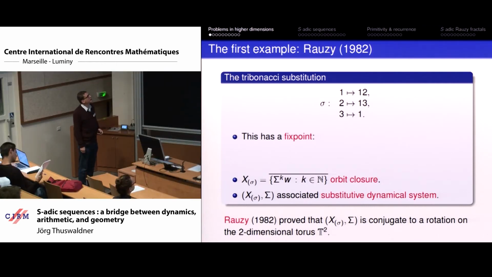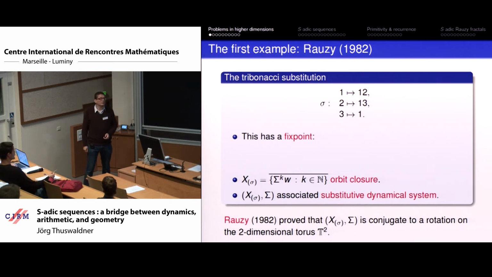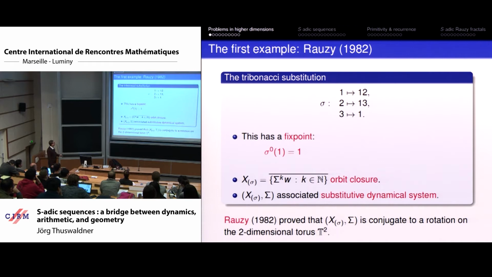So let's start with the first example I was already talking about, which goes back to Gérard Rauzy, to 1982. He came up with one single substitution, and he looks at what is called the fixed point of this substitution. I already talked about such a fixed point yesterday. So 1 is equal to 1. If you don't hit it with the substitution, you get 1.